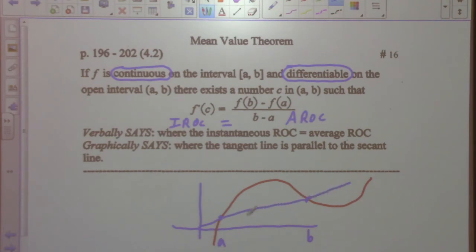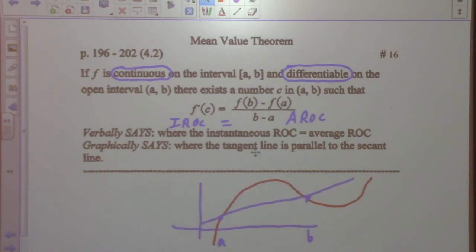The slope of that secant line is going to be, there is going to be on the curve a tangent line that is exactly parallel, that has the same slope. So here's your average rate of change, the slope of that secant line, and the IROC is the actual touching at the point of tangency. Okay, you see that? So it has to happen.